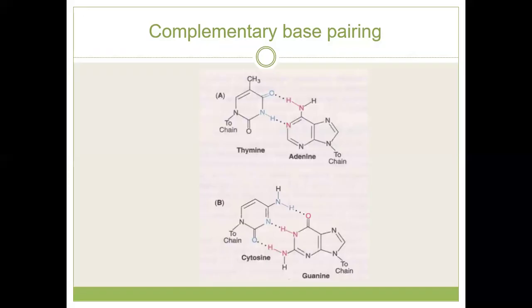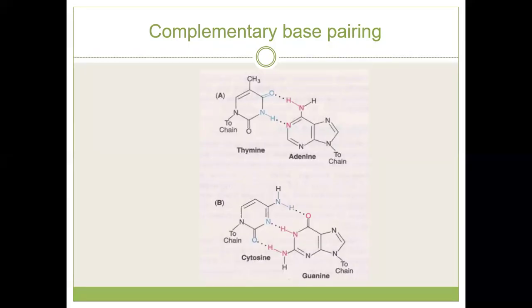So wherever you have a nucleotide that contains thymine, in this case deoxythymidylate, it binds to deoxyadenylate, where the thymine, which is the base in deoxythymidylate, binds to the adenine, which is a base in deoxyadenylate.